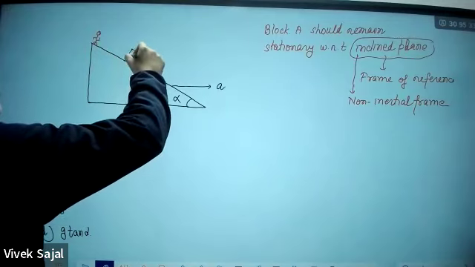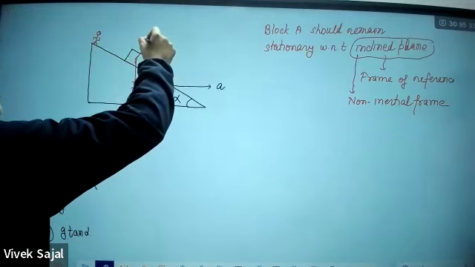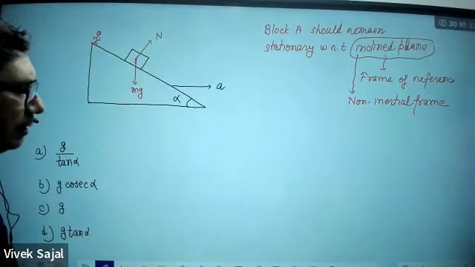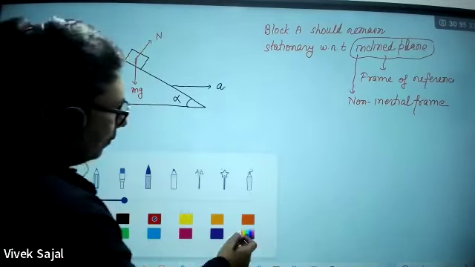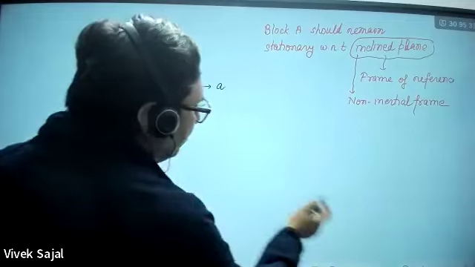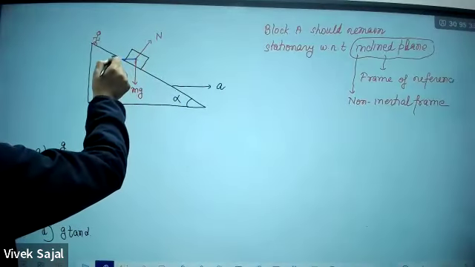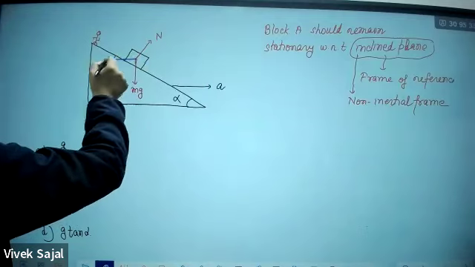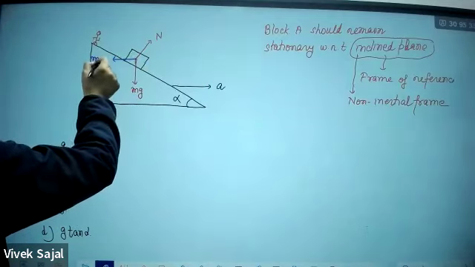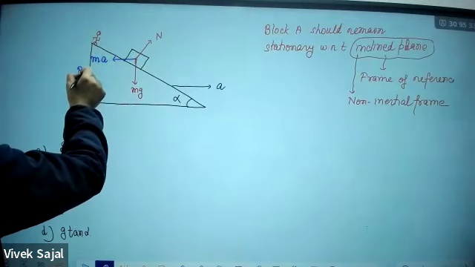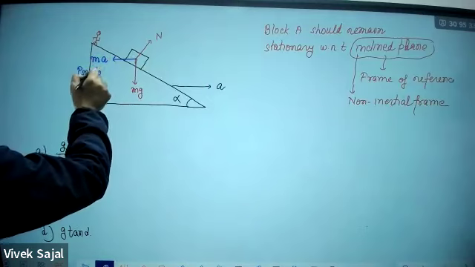So mg is here, a normal reaction is going to act on it in the upward direction. And the third force will be the pseudo force, because you are doing the calculation in this frame. The mass of this block is m, and the direction of the pseudo force is here. This is the pseudo force.